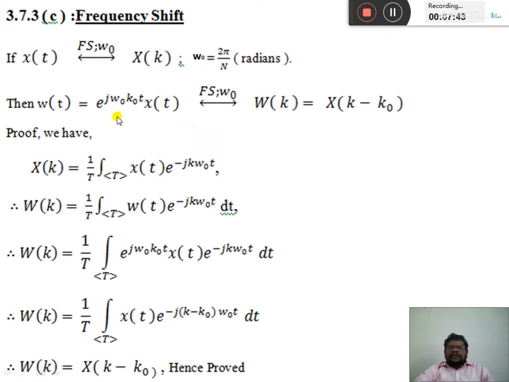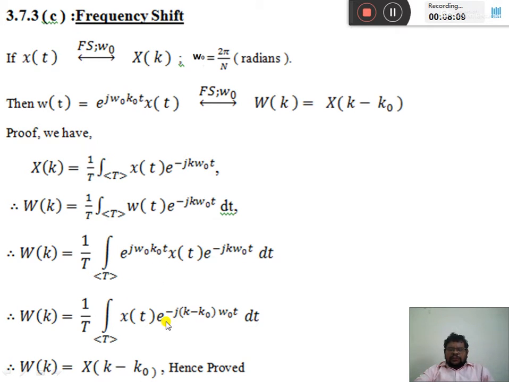Okay, we have to get the e to the power j k naught omega naught t. X of t can be converted in terms of w of k equal to x of k minus k naught, where x of k I will represent that. Okay, instead of w of t, we will write all this term e to the power of j k naught omega naught t into x of t. So with this, everything here is a function of dt.